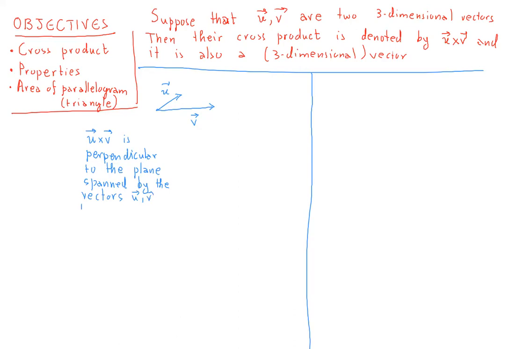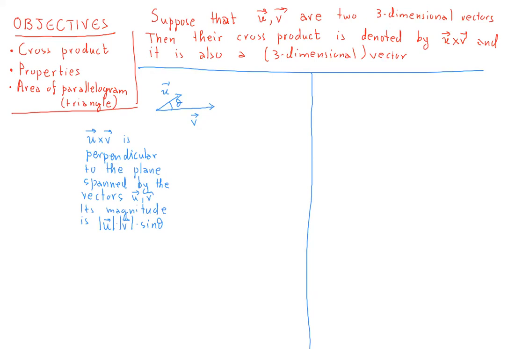And its magnitude is equal to the magnitude of u times the magnitude of v times the sine of the angle between the 2 vectors. The angle between the 2 vectors is exactly the same one that we discussed in the case of the dot product.